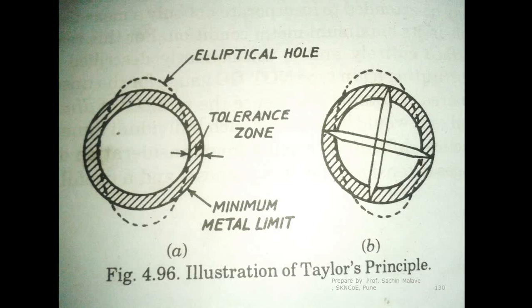The size of the actual hole is larger than the size of the no go end. So in this position, the no go end is going to pass. Why? Because the no go end shape is in the form of 2 points. So here the go end has passed and the no go end has not passed. That's why the hole is rejected.